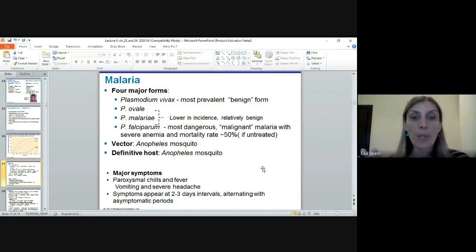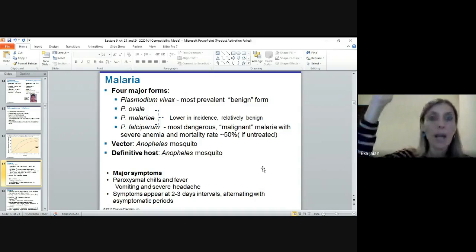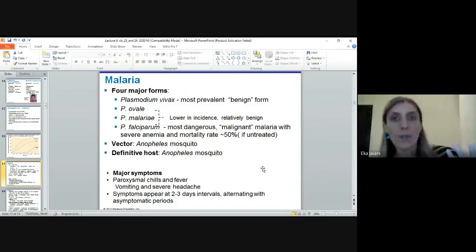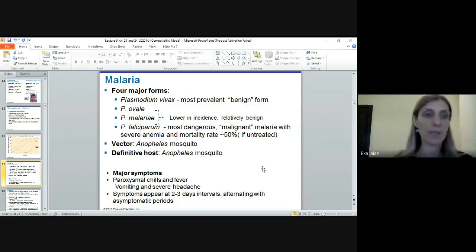And what are the major symptoms of malaria? What is the specific symptom of malaria? These are paroxysmal chills and fever. A person feels okay for 2 to 3 days, then suddenly has chills, then the fever goes up, then the fever drops. The person feels okay again.